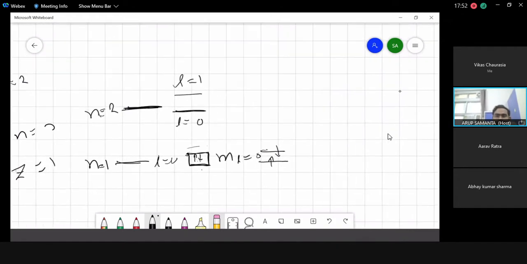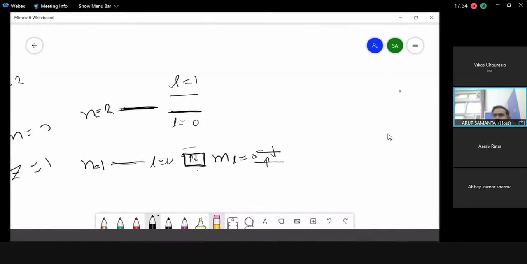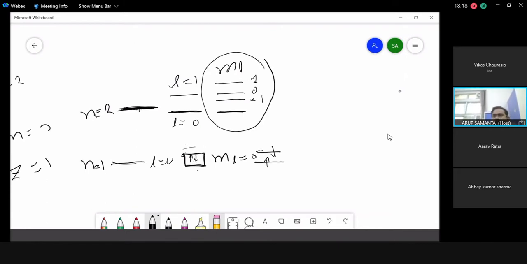Under a magnetic field it can split into ml values. So L = 1 will have 3 energy levels, ml = -1, 0, +1, and L = 0 will remain here. So this single orbit energy level is split under a magnetic field into these ml values.